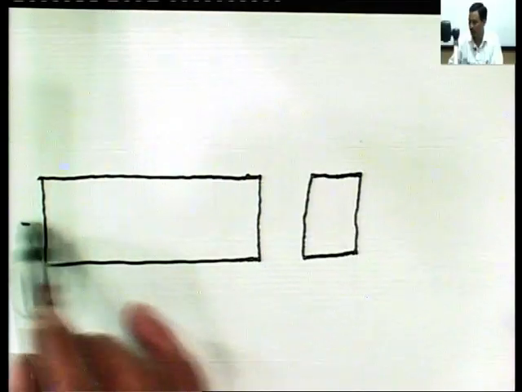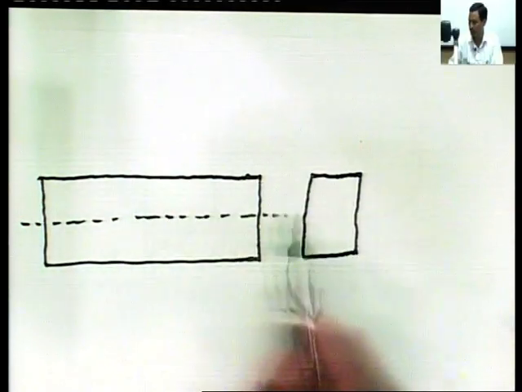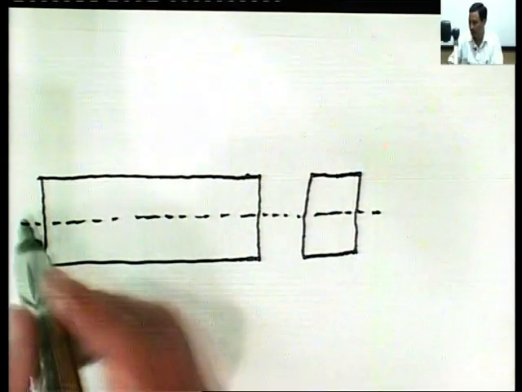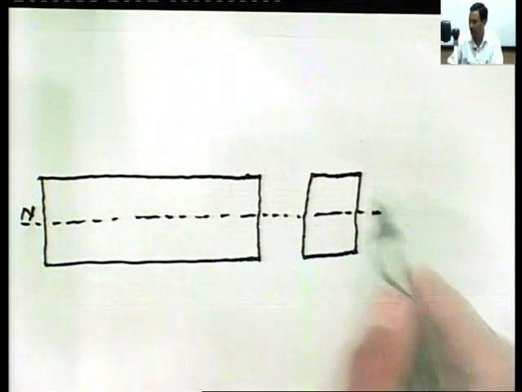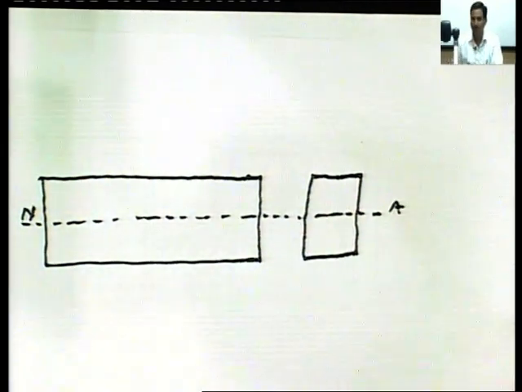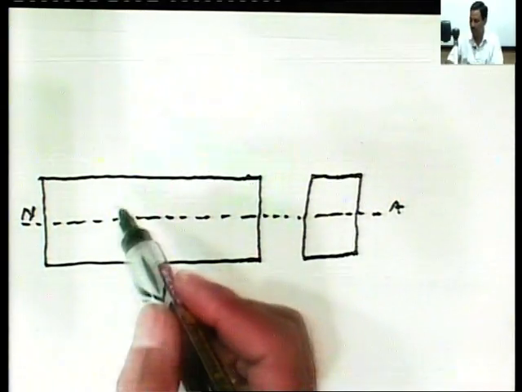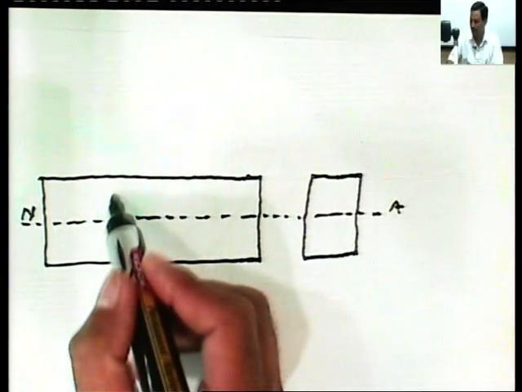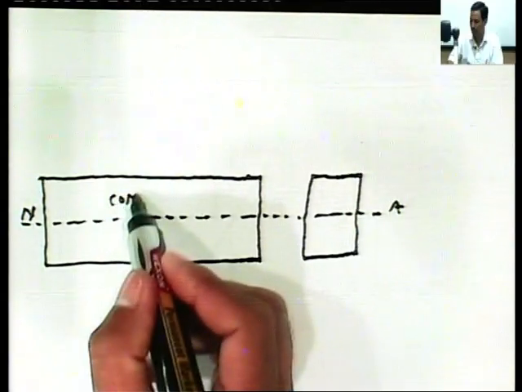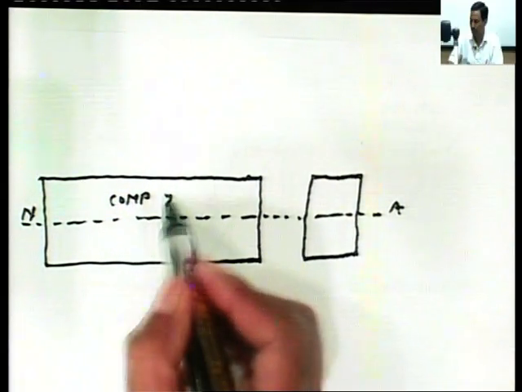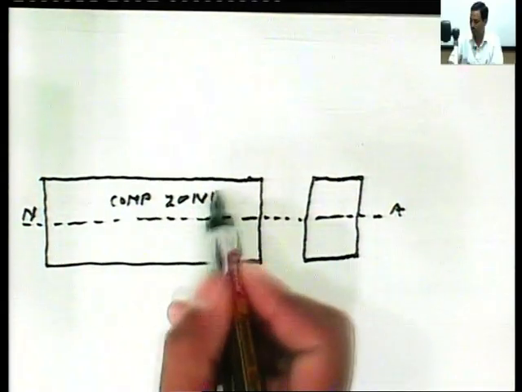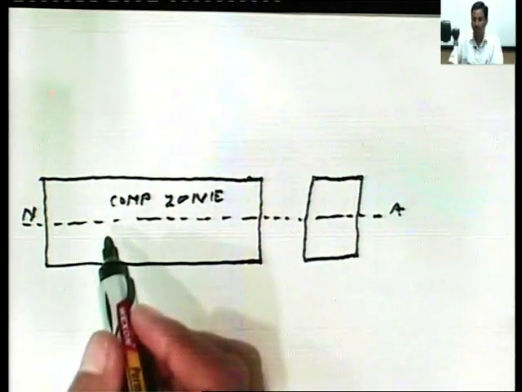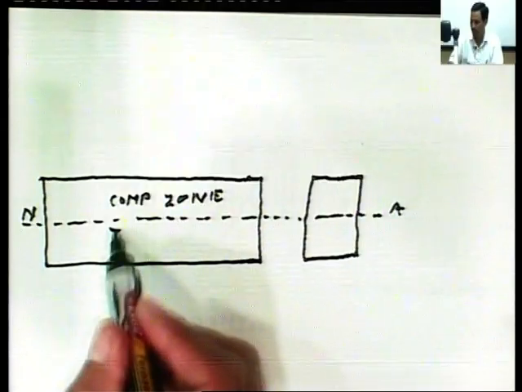This is the neutral axis. Neutral axis is the layer or lamina where there is no stress or zero stress. The zone lying above the neutral axis is called compression zone. And the zone lying below it is called tensile zone.